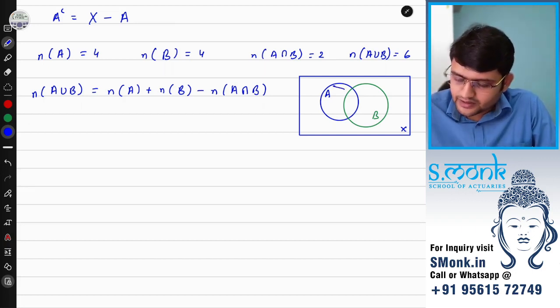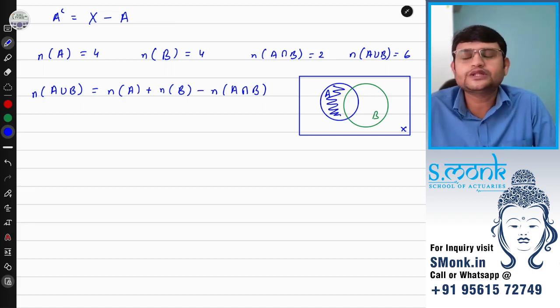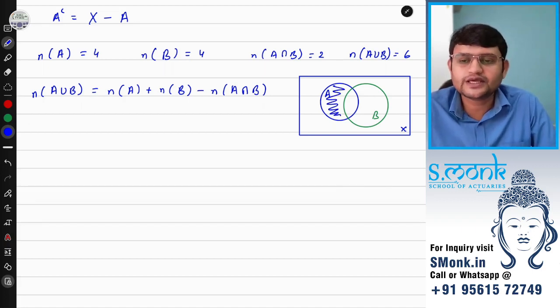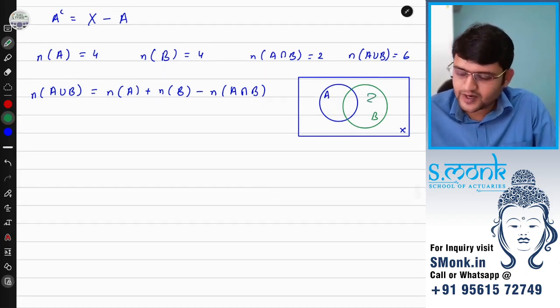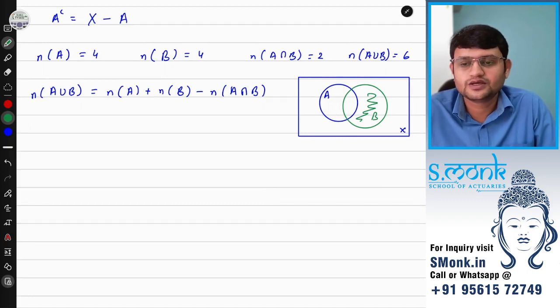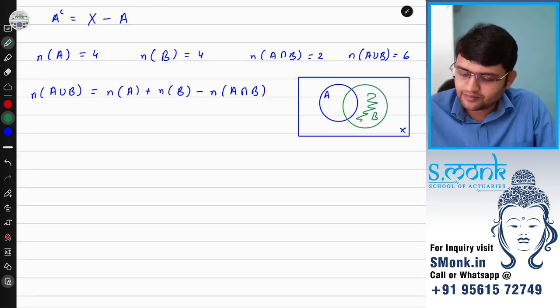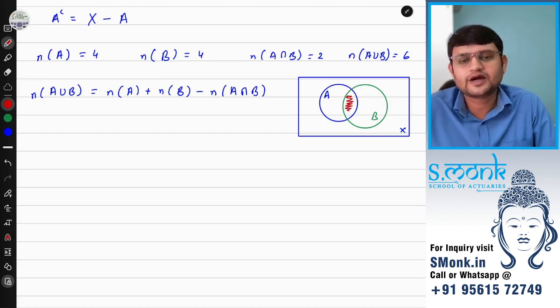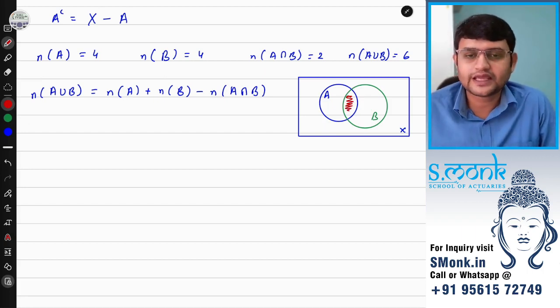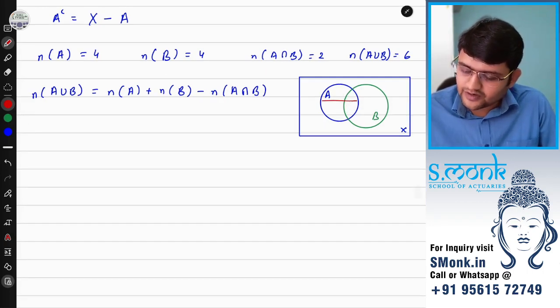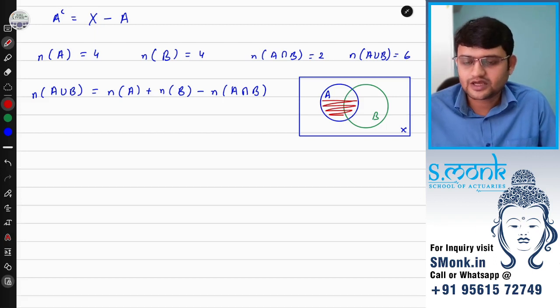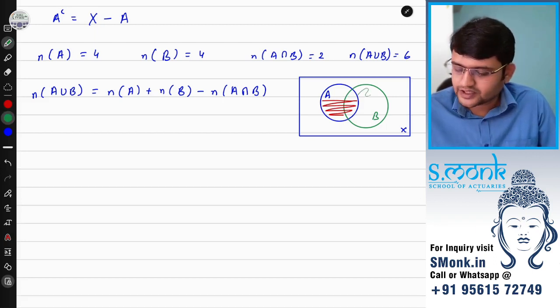This part we'll call only A. This is contained only in A. This part is only B. This is contained only in B. But this part is the intersection, contained in both A and B. When I'm counting the number of elements in A, that is this complete region, and when I count the elements in B, that is this complete region.